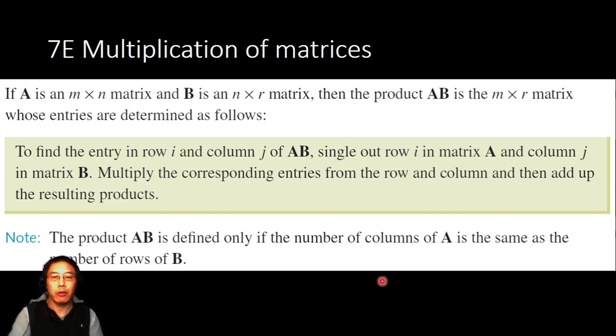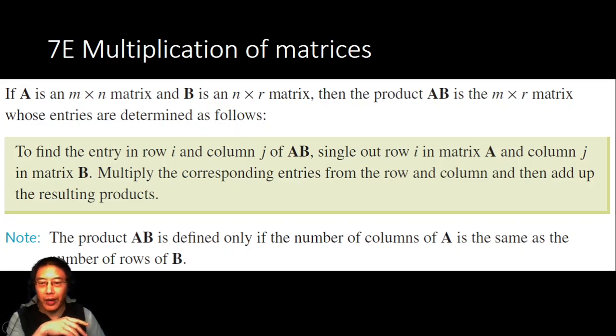All right, the big one, multiplication of matrices. So you'll start with two matrices, A and B, and we're going to multiply A times B. Now the order matters, it's not commutative. So you start with a size, a dimension here and a dimension there.